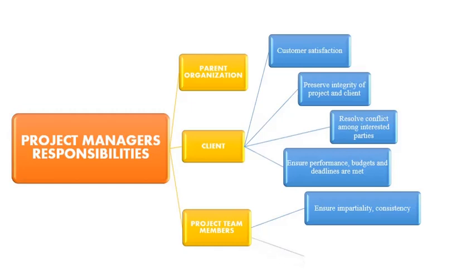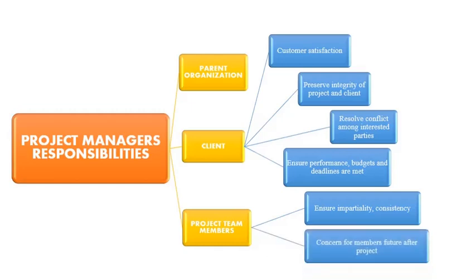And the second responsibility is to see to it that the members' futures after the project, like what the team members are going to do after the project is completed. So yes, students, this is all about project portfolio process and project managers.